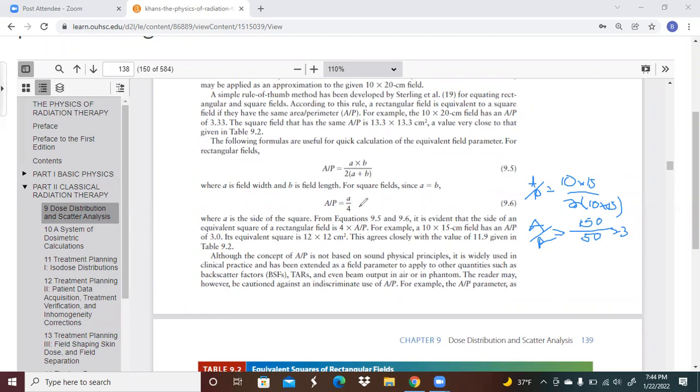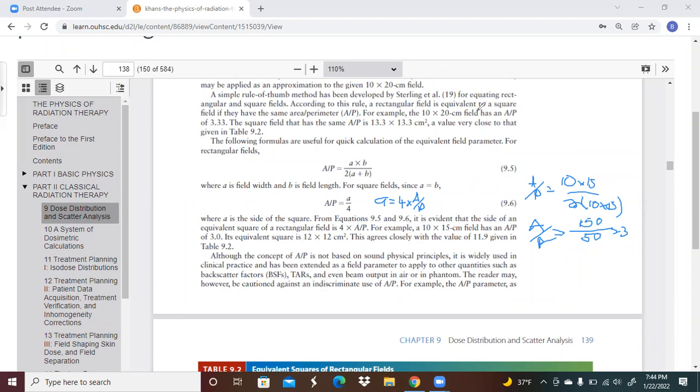Well, it's a rearrangement of what we had up here. If we're looking at a square field, A, and we solve for that, basically we take both sides, multiply by 4, and we get this. So if we know what this ratio is, which we just figured out over here, we can then put it in here, and that's where they get the equivalent square of 12 by 12.